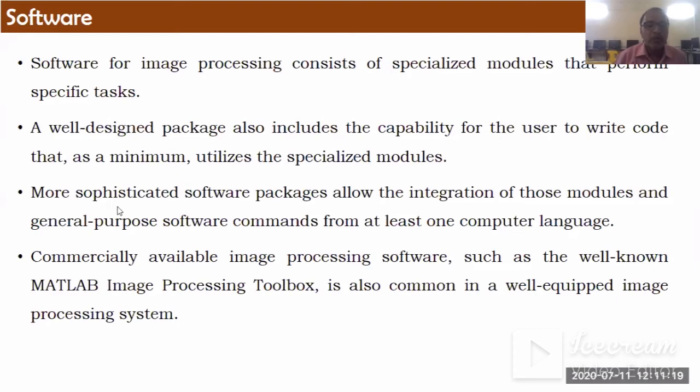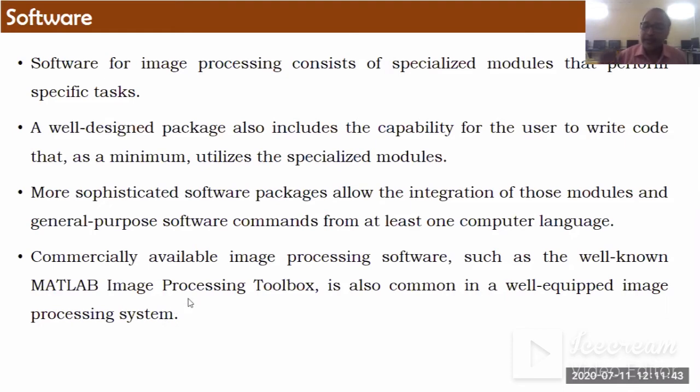More sophisticated software packages allow you to integrate all these modules for general purpose software commands, and can use different types of computer languages. Commercially there are lots of different software available, but one well-known software is MATLAB.